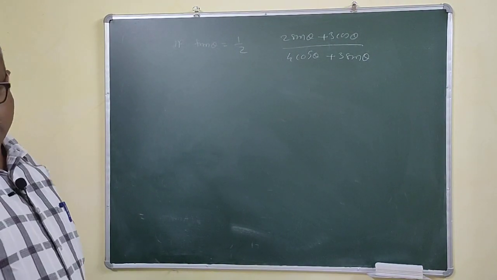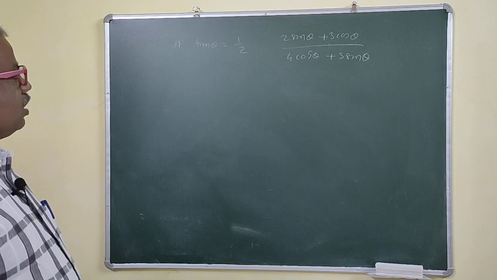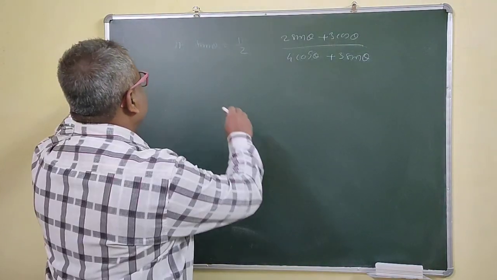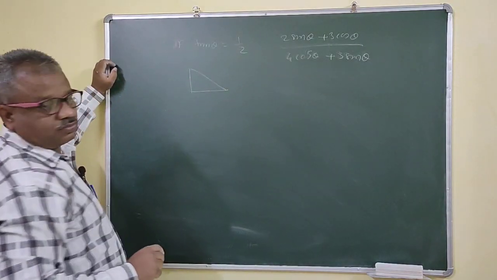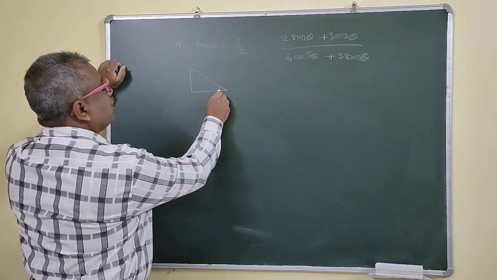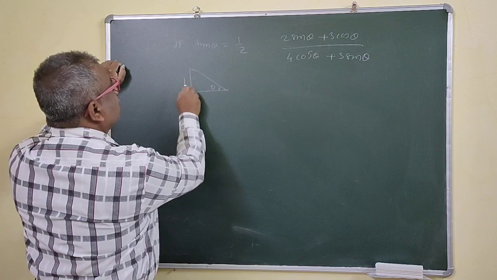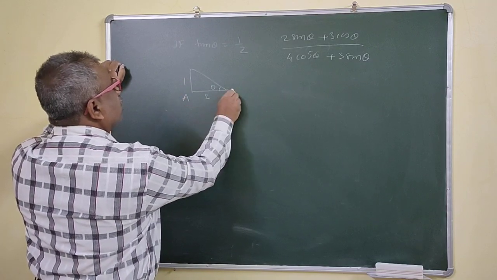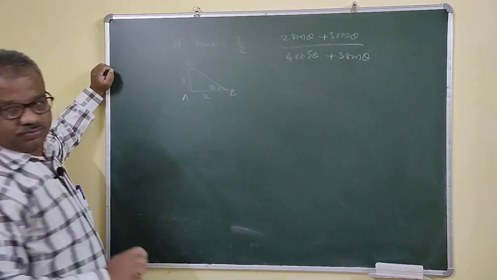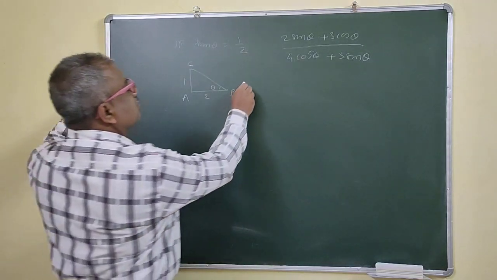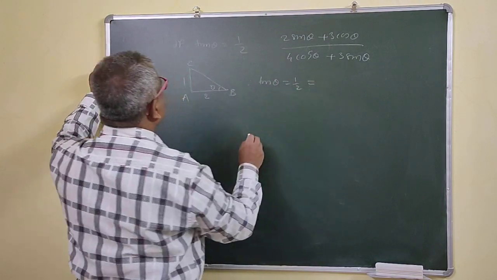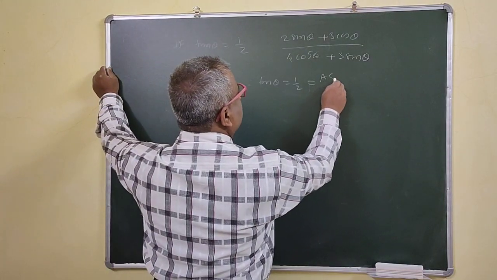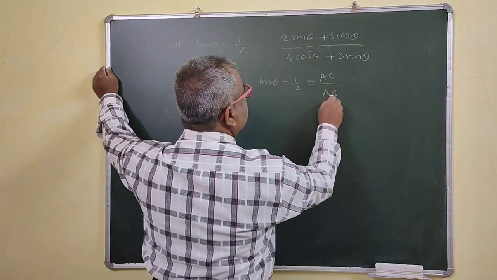The value of tan theta is given to you. So that is half. So now see here, we'll do like this. So this is your theta now. Theta is half, that means we'll write this triangle A, B, C. Since tan theta is equal to half, this is equal to AC upon AB.